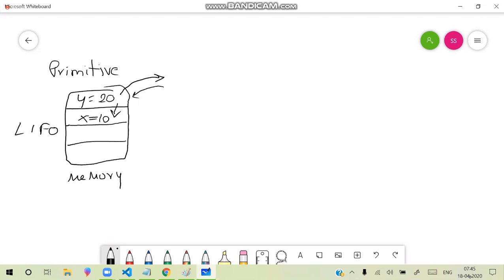And very important, the memory allocated for a primitive type will have a fixed range for the value. You can exactly tell that the value can be between a minimum and a maximum.